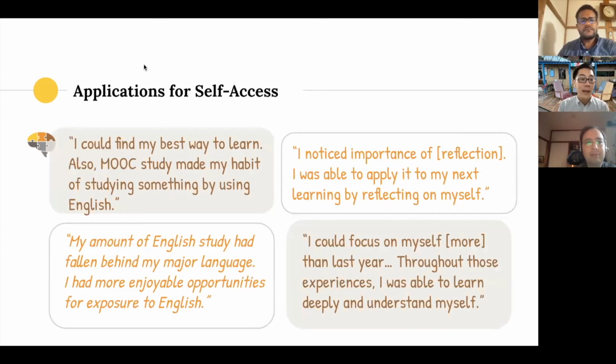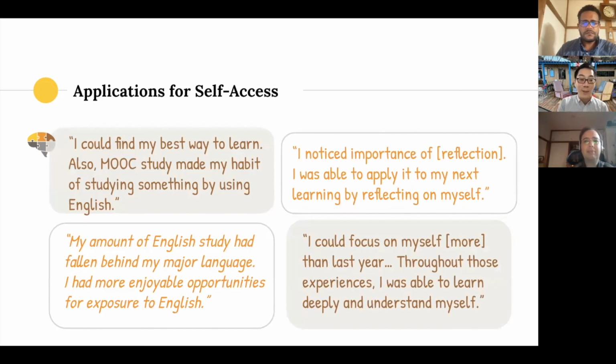And just finally, some quotes from the reflections and the evaluation questionnaires, things that really tie this up together. So you see students finding their best way to learn here in the top left, making a habit of studying something by using English, noticing the importance of reflection and applying their reflection to their next learning.